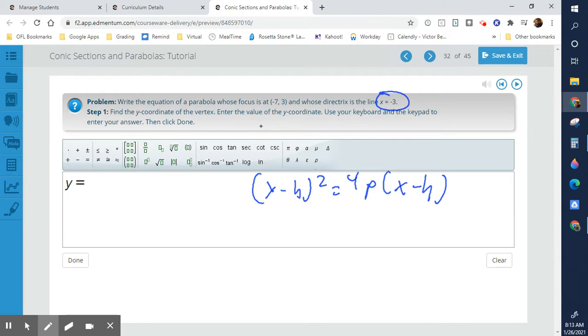So what we're going to do here is plug everything in, so we get y minus 3 squared equals 4 times, and the distance from this to here will be our p. So if that's a negative 3, the distance from negative 7 to negative 3 is going to be 4.